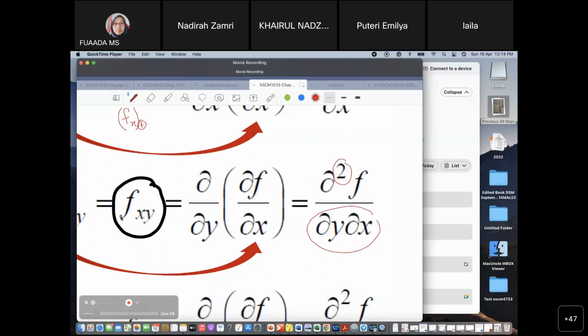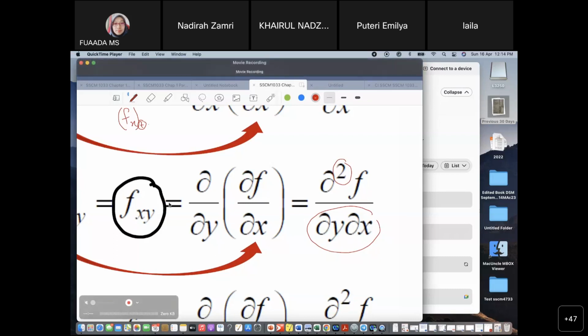So kalau yang subscription macam ni, yang paling kiri is the first. Okay, the first left is the first derivative that you have to obtain. However, for this particular form, dia lain pula cara baca dia. Yang paling kanan is the first. So, nanti bila exam jangan terkeliru sebab jawapan akhir dia akan berbeza kalau melibatkan higher order.